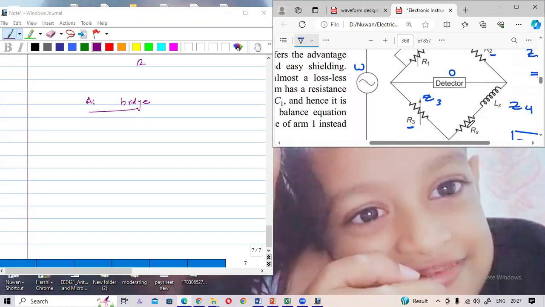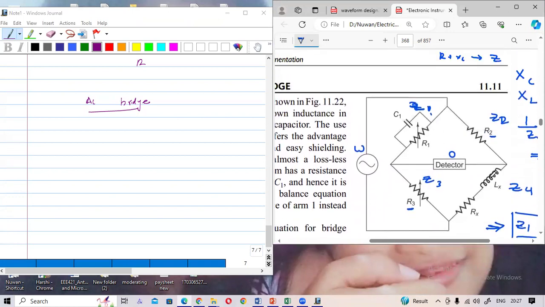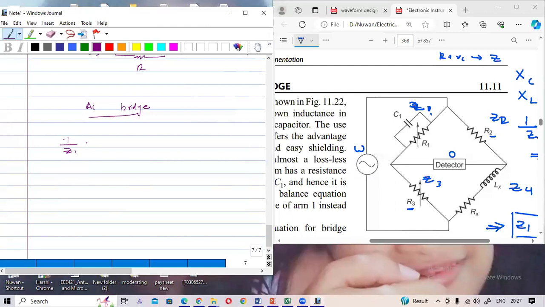Okay, so this is the Maxwell bridge now. So Z1: 1 over Z1 is equal to 1 over R1 plus 1 over 1 over C omega j.